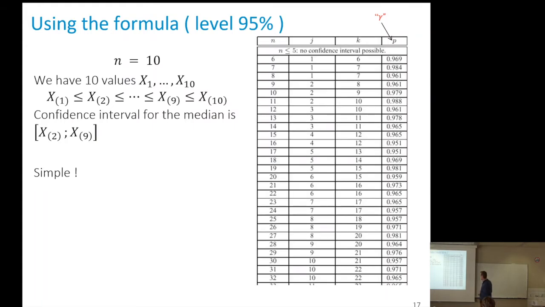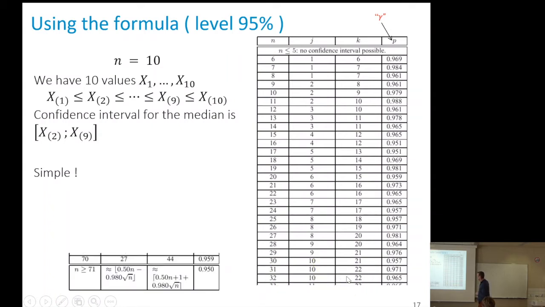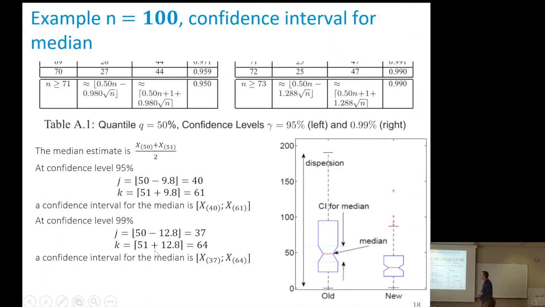If I have 32, then I take the 10th and the 22nd, which gets a bit better. And in general, if I have a large number, the theory says if n is larger than 71, you have this approximate value. You take the floor of n over 2 minus 0.9 square root of n. So it will move like the square root of n.